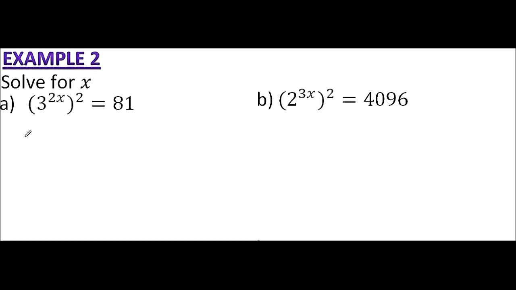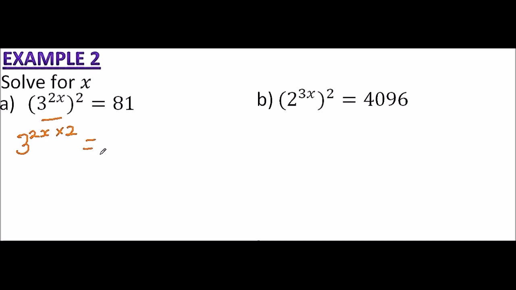Example 2, we have, for x, 3 to power 2x, in brackets, to power 2, is equal to 81. For us to be able to get the value of x, we apply the third rule of indices on the left side of our equation. So we have 3 to power 2x multiplied by 2.